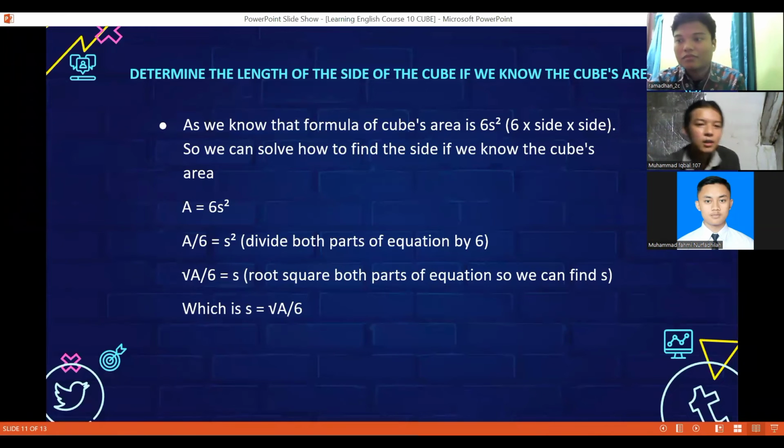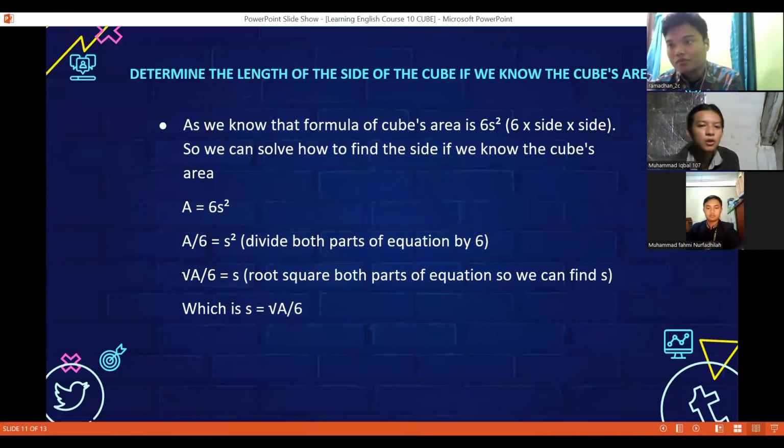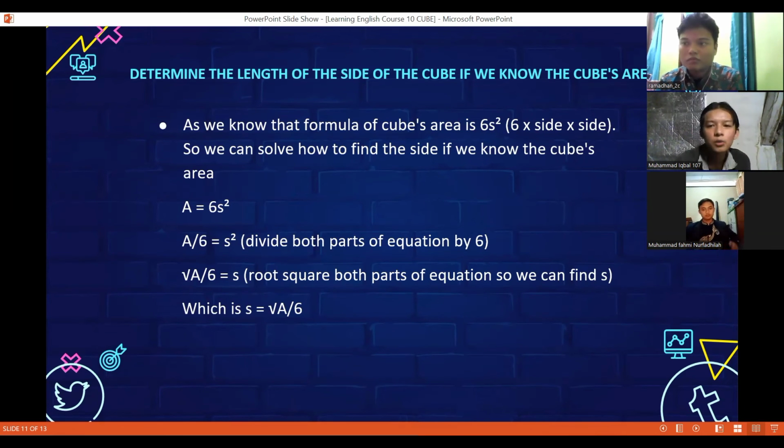The area is equal to 6 times s squared, so we have to remove the 6 from the s side, so the 6 will move to the other side, which is area divided by 6 is equal to s squared, and finally we conclude that the formula of s is equal to the square root of the area divided by 6. So now we're going to use this formula to find the side of the cube.